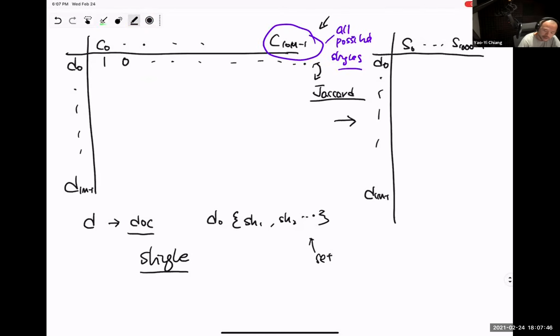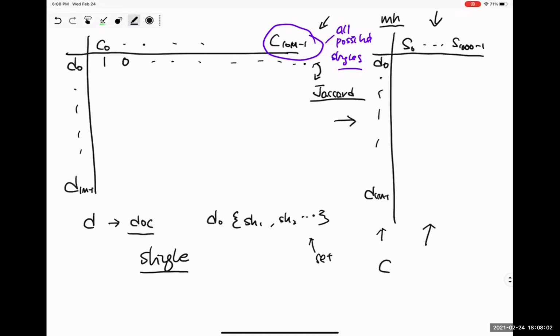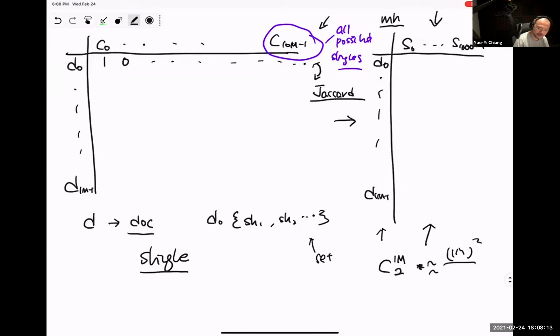Great. Now, once we have this, we have much smaller dimension based on our min hash functions. But still, we have lots of documents that we want to compare. So the number of document pairs that we have to compare will be 1 million choose 2, similar to 1 million squared divided by 2.